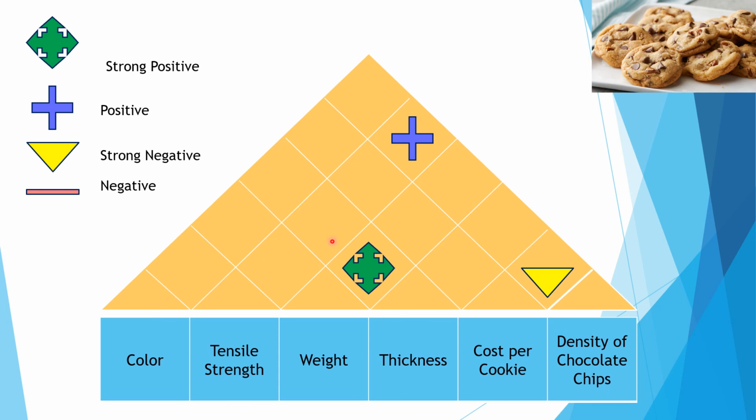As we can see here, the weight and the thickness have a strong positive relationship, while the cost per cookie and the density of chocolate chips have a strong negative relationship. And this positive sign indicates that the tensile strength and the density of chocolate chips have a positive relationship.